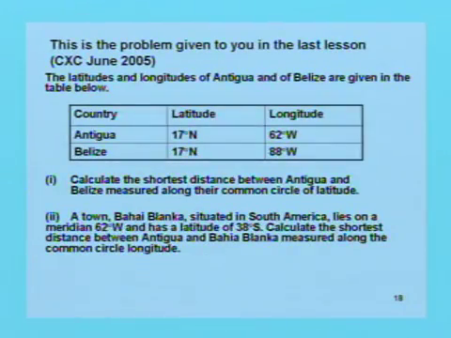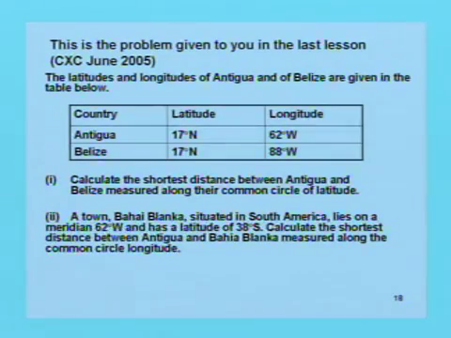This is the problem given to you in the last lesson, CXC June 2005. The latitudes and longitudes of Antigua and Belize are given in the table below. Antigua 17 degrees north, 62 degrees west. Belize 17 degrees north, 88 degrees west.